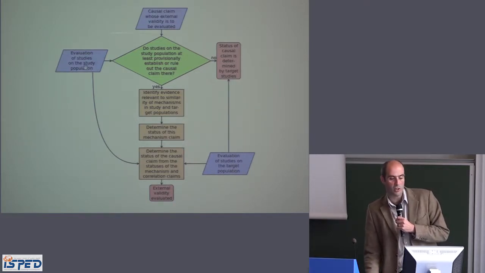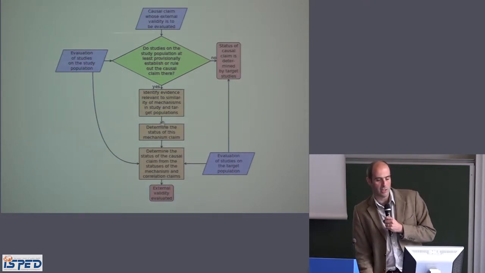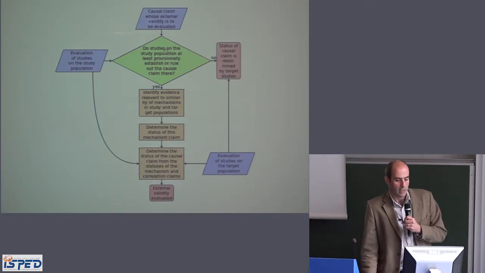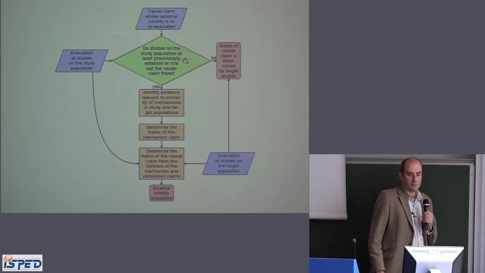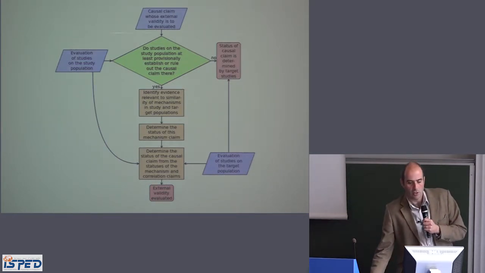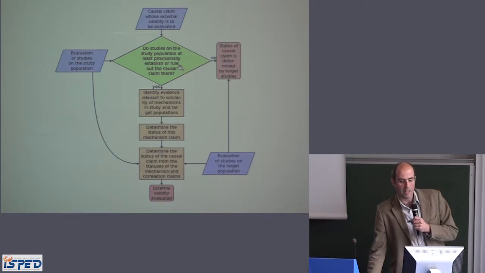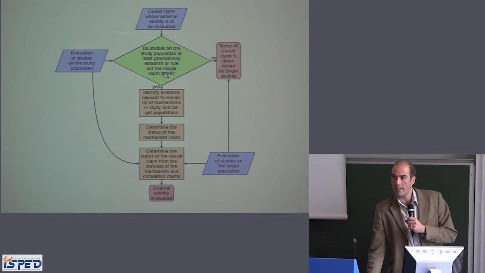So you need to extrapolate from the study population to the target population. And then you can ask the question, do the studies on the study population establish or rule out the causal claim there?